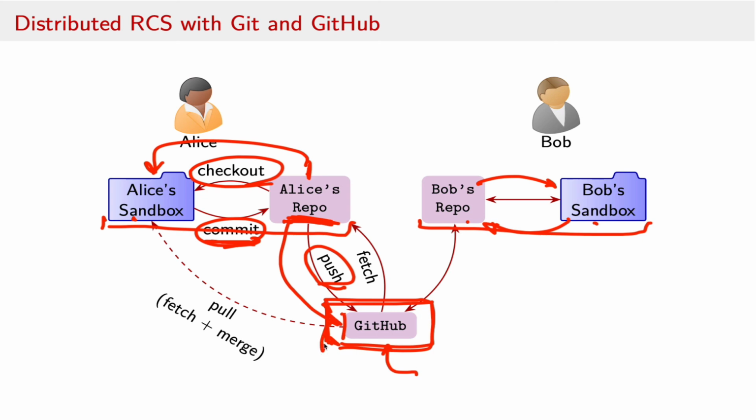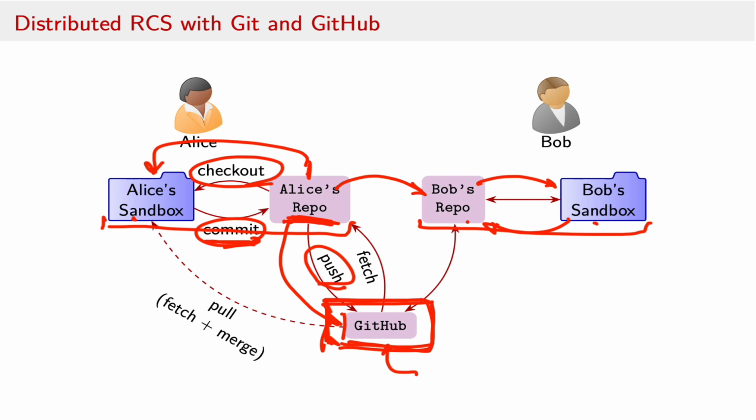In this illustration, I'm showing a push to GitHub, but as I said before, GitHub is just another server that stores a copy of your repository. So Alice could also, if she so chose and if the network connectivity was set up properly, push directly to Bob's repo. It would work just the same. Again, no single copy of the repository is privileged above any other.